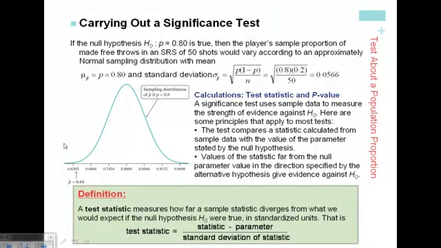So, we've got this new intermediate step that is coming in right now, and that is this thing called the test statistic. We were on the way of calculating that just a second ago before I switched over. Okay? How would you calculate the probability of shooting 64% or less, given the assumption that the shooter is an 80% shooter?